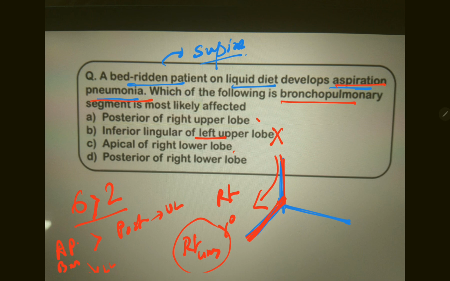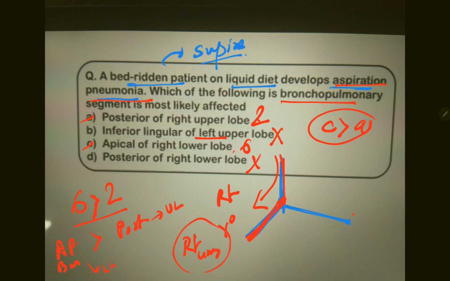Posterior of the right lower lobe, not that. So either segment 2, the posterior right upper lobe, or the apical right lower lobe, the apical basal, segment 6. So the answer is either C or A, but C is greater than A.